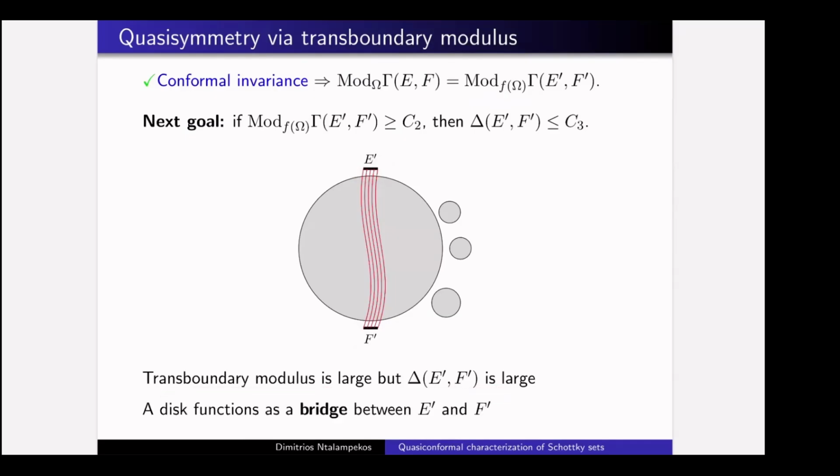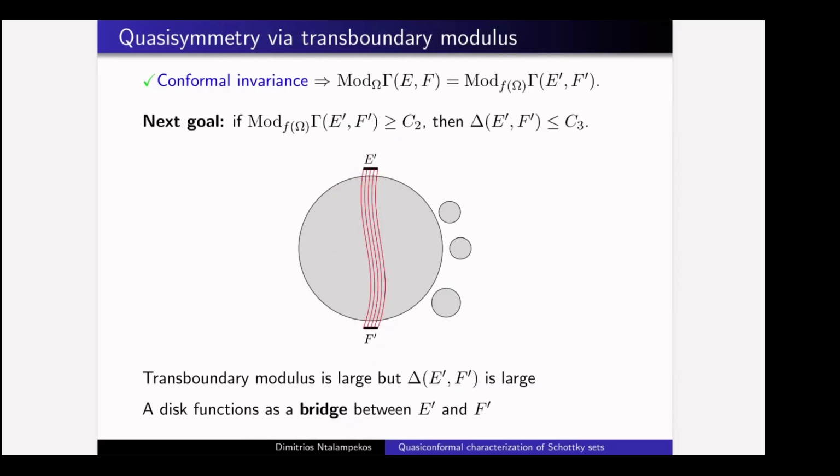This can happen when we have a large disk which is close to both of the continua, so it functions as a bridge. So the idea is that we can kind of erase this disk and bring the continua E prime and F prime close to each other. So that's how transboundary modulus behaves in this case. But the problem is caused by those bridges that are large disks that are close to both E prime and F prime.